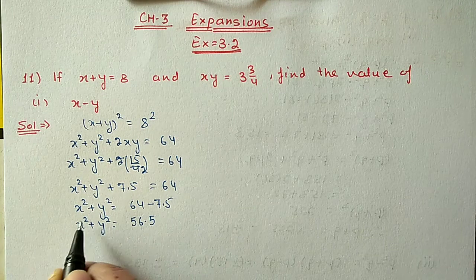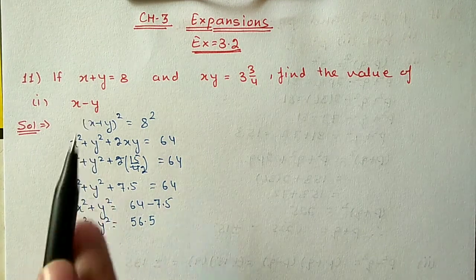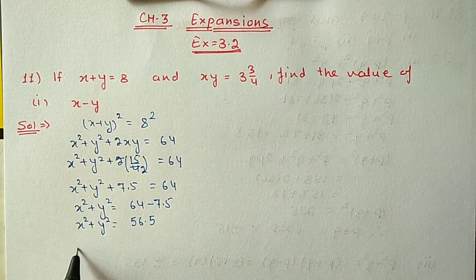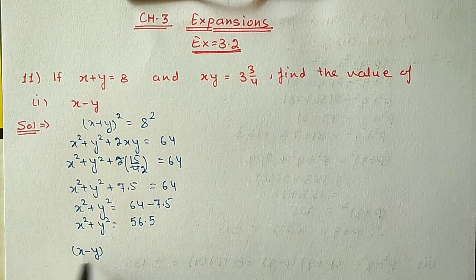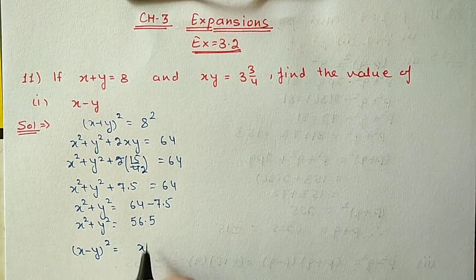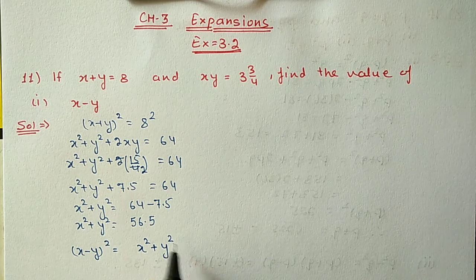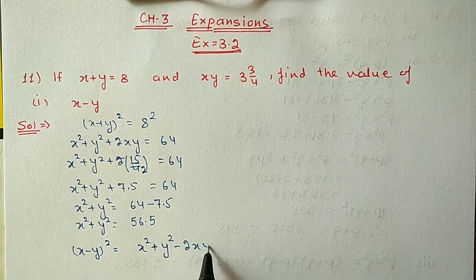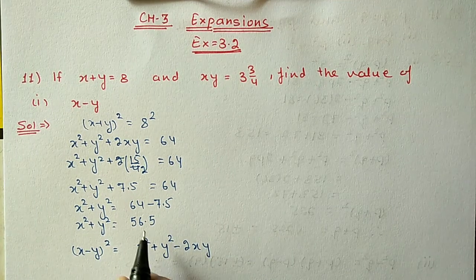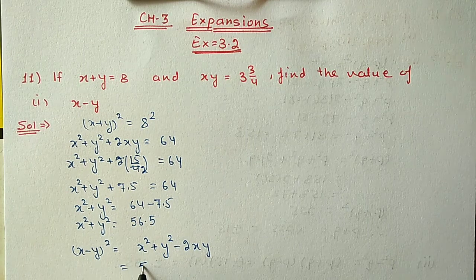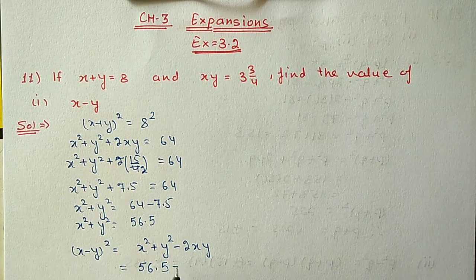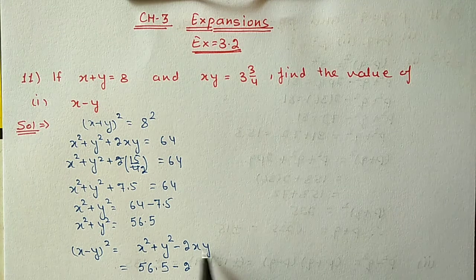Now with the help of this value we will find out x minus y. So we can use the (x minus y) whole square formula, which is equal to x square plus y square minus 2xy. This value just now we have calculated, 56.5, minus 2xy value is given, 15 by 4.